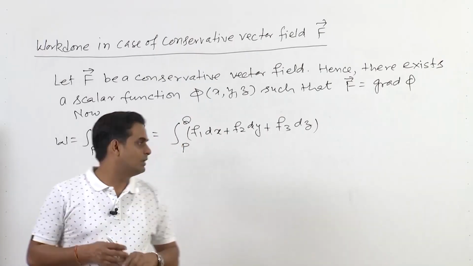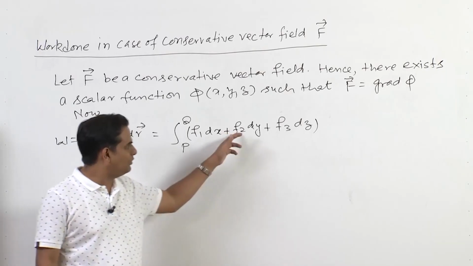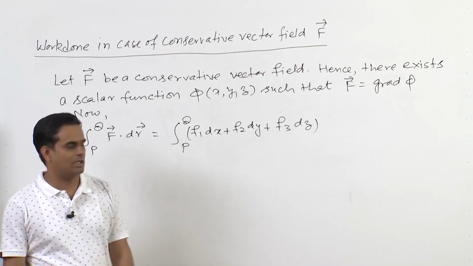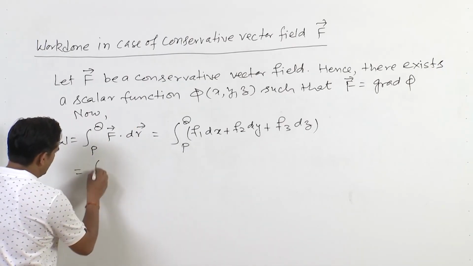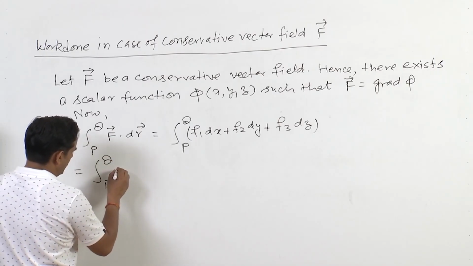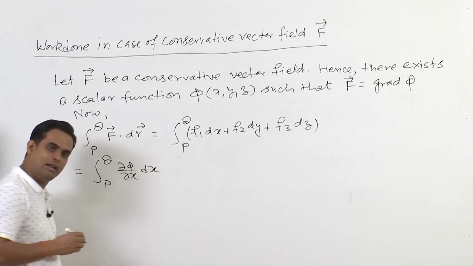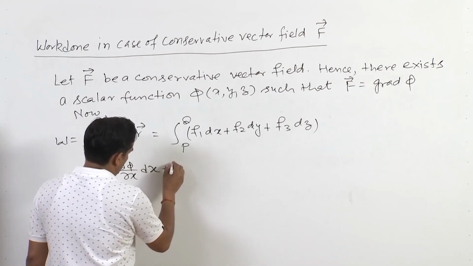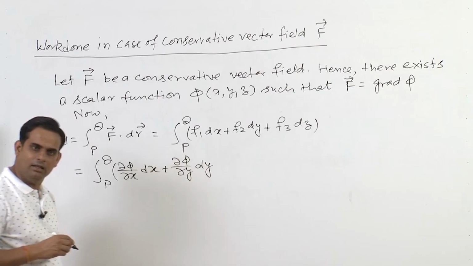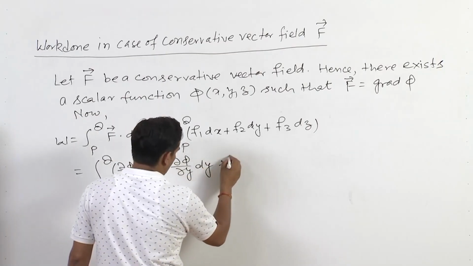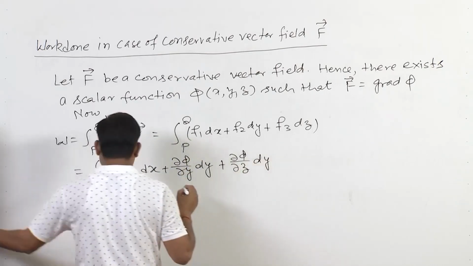So, hence f1 equals del phi over del x, f2 equals del phi over del y, f3 equals del phi over del z. So, this equals the integral from P to Q of del phi over del x into dx plus del phi over del y into dy plus del phi over del z into dz.